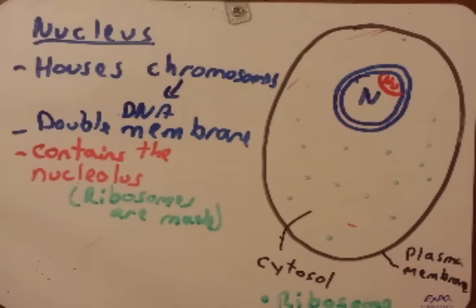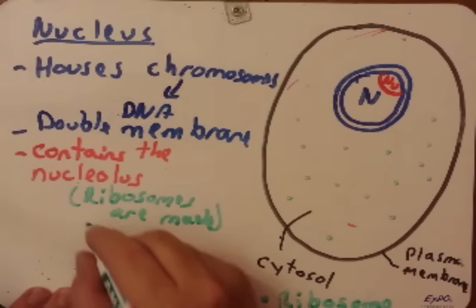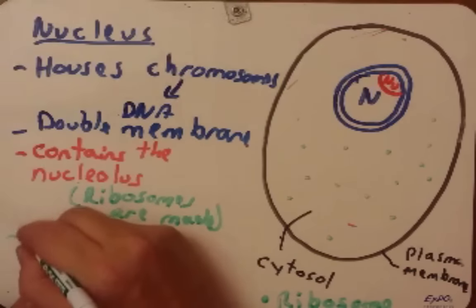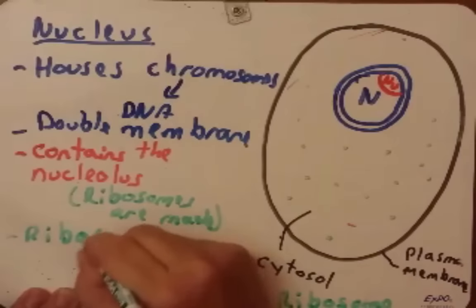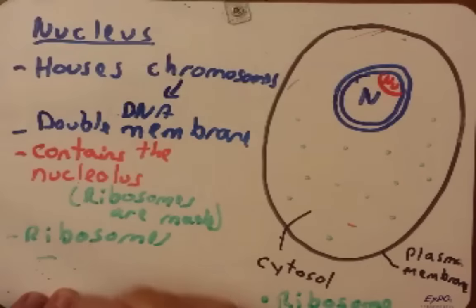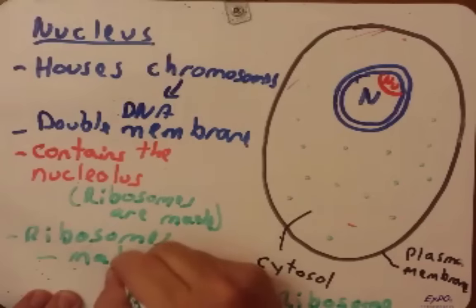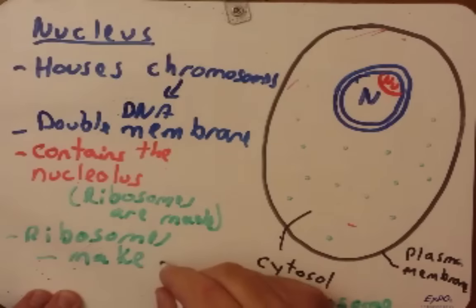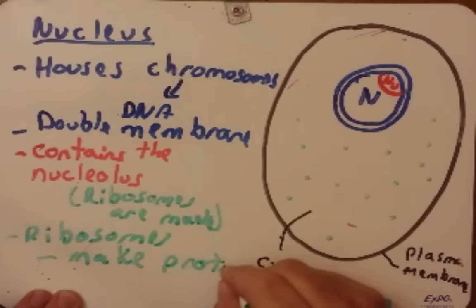We'll talk more about ribosomes, but let's just say a couple more things about them. Ribosomes, and I'm just going to list that here kind of separately. Their main function is to make or synthesize, we could say, proteins.